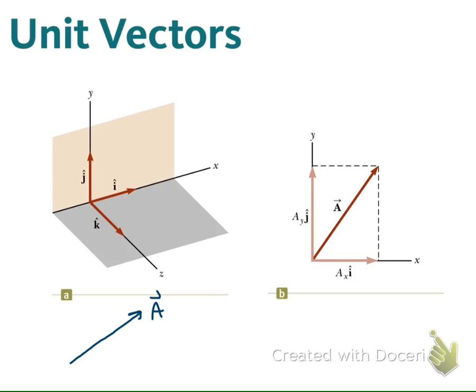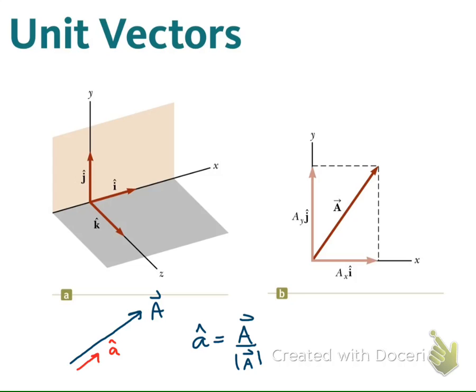If we have a vector A like this, we can define the unit vector along the direction of A as follows: the unit vector along the direction of A is equal to the vector A divided by its length, the length of A. So we will have this unit vector.